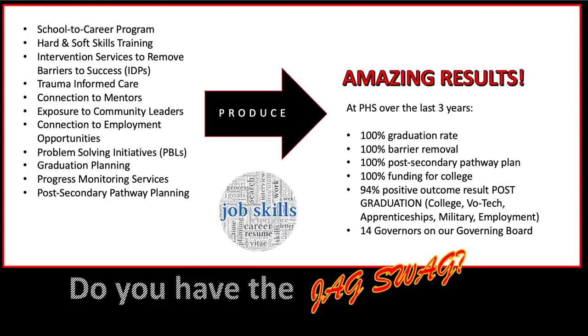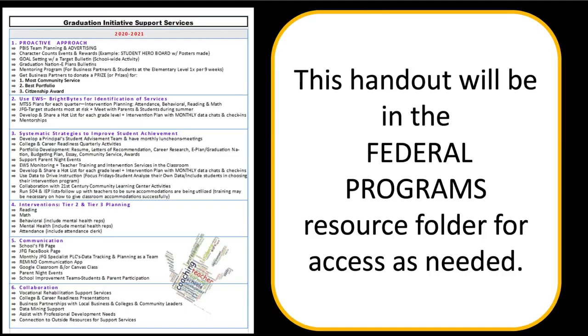Our end goal is to produce successful adults, and we are 94% successful at that with their college enrollment and college success, VOTEC schools, apprenticeship programs, military, and employment. That is why JAG and JFG is a big deal and why we can produce amazing results in this program.